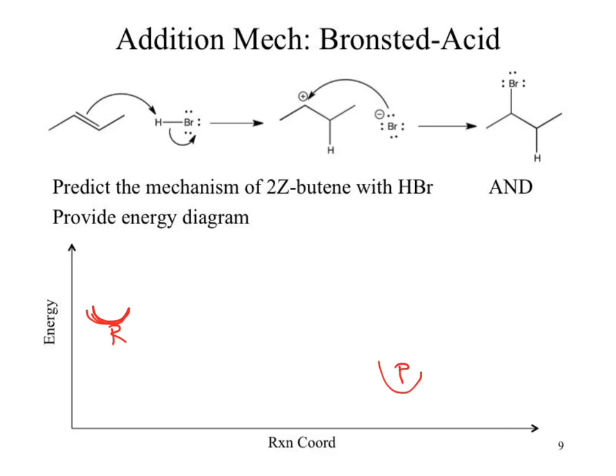Should be higher in energy than both of those. Why? It's charged. So there's my intermediate. Oh, it's going to look lovely. Okay. Now what do I do to connect them? Cool, there we go. We now have an energy diagram that we can deal with.